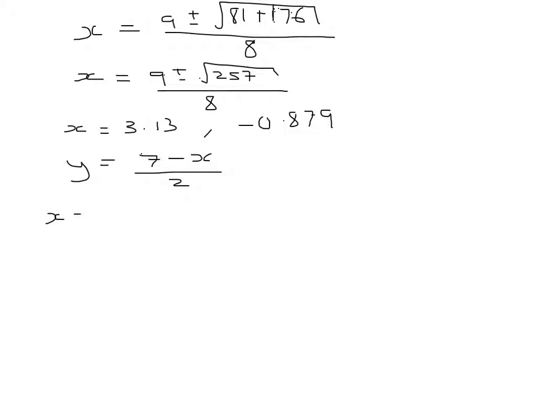So for x equals 3.13, y becomes 7 minus 3.13 divided by 2, which is 1.94 or 1.935, and for x equals negative 0.879, y is going to become 7 minus negative 0.879 divided by 2, which is 3.94.